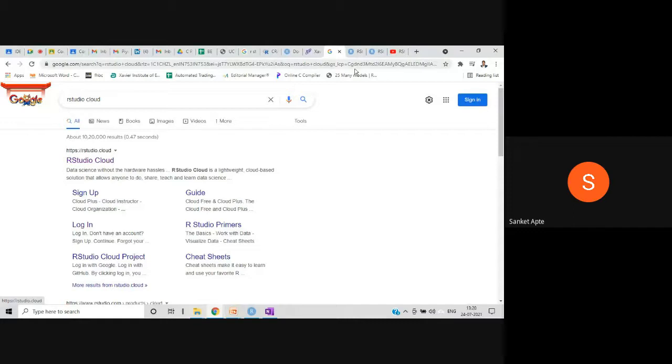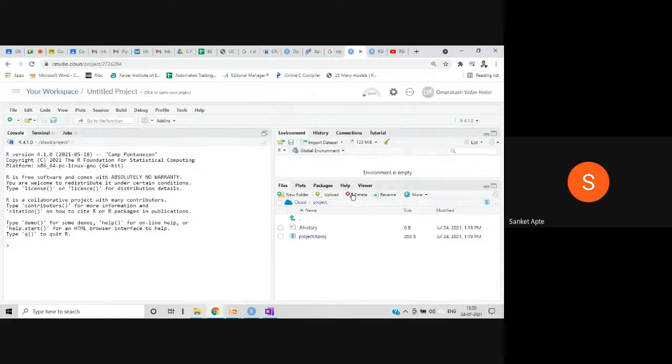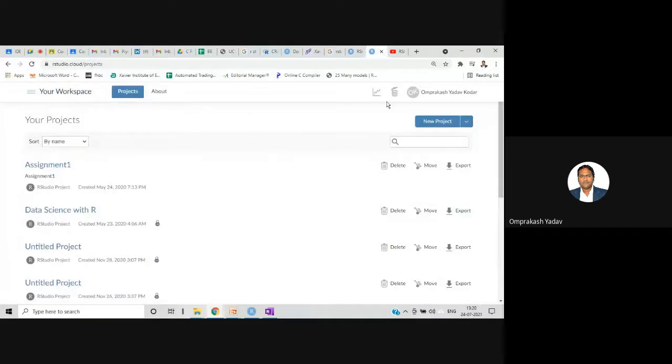R Studio Cloud, get started for free. Already a user, so click on login. Okay, done. Then log in with your Gmail account. Okay, and then if this page is coming, you can click on new project.